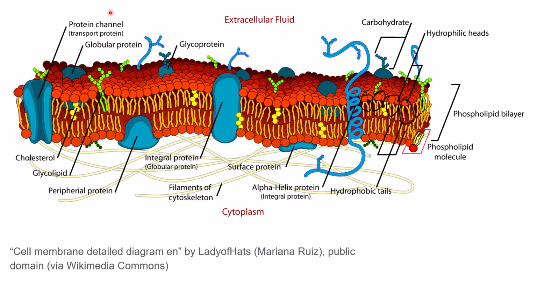Also, they can receive signals. So if a protein comes from another cell and it attaches to one of the receptors on your cell membrane, then that receptor can send a message down into your cell telling your cell what to do.